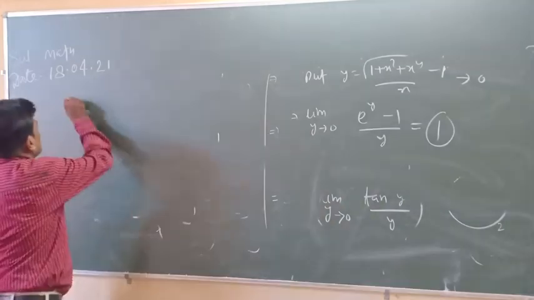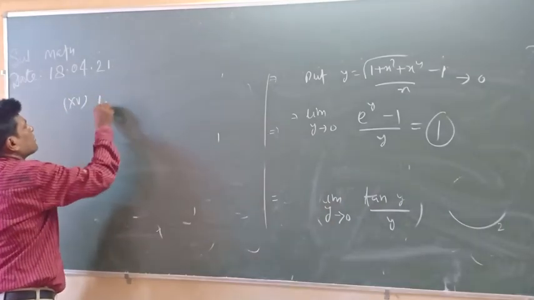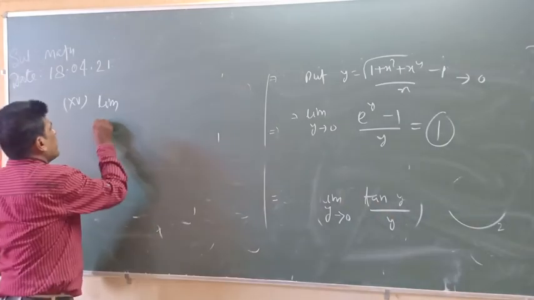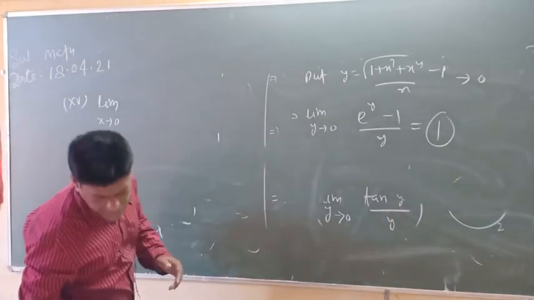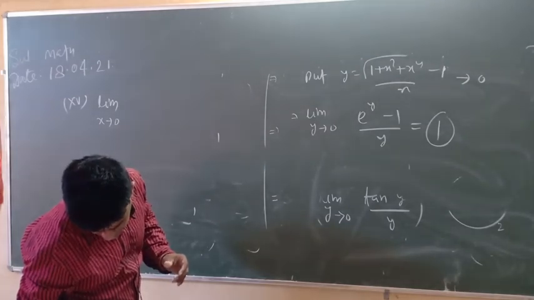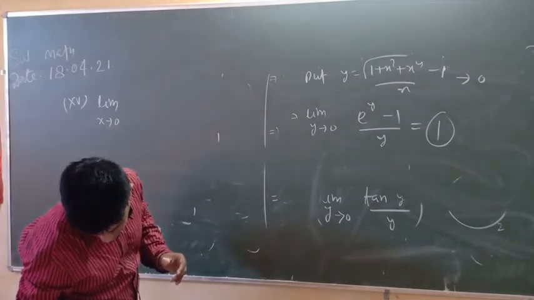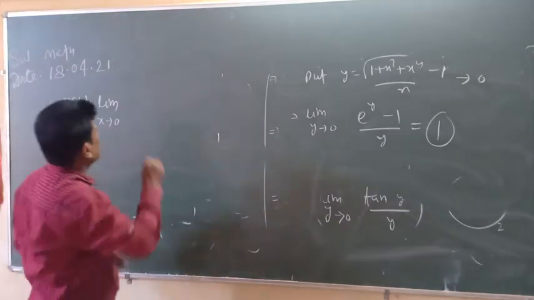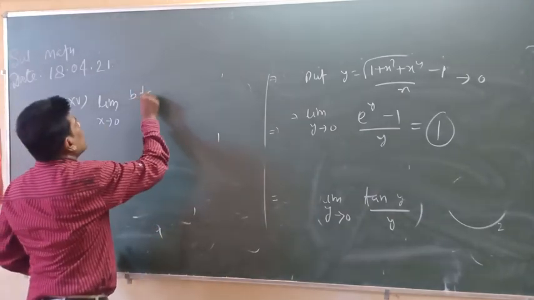Number XV, that becomes limit x tends to 0, no doubt. Here it is written only x.